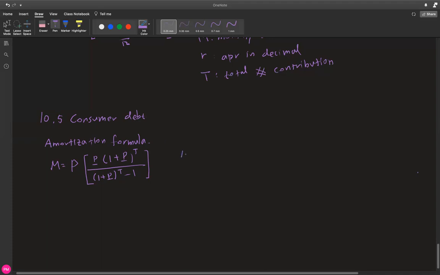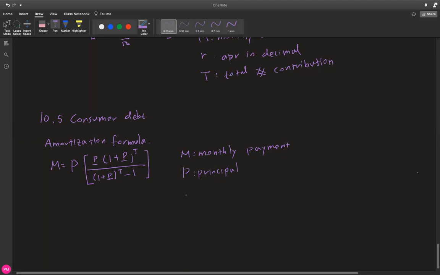And here, M is the monthly payment. And P is the principal, or in other words, the total amount of loan that you're taking out.